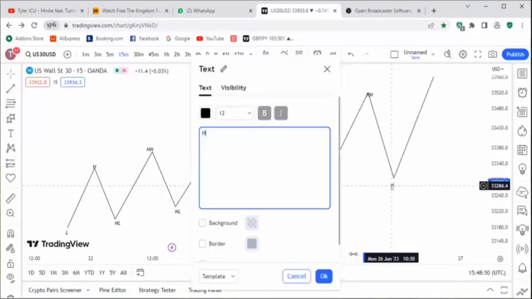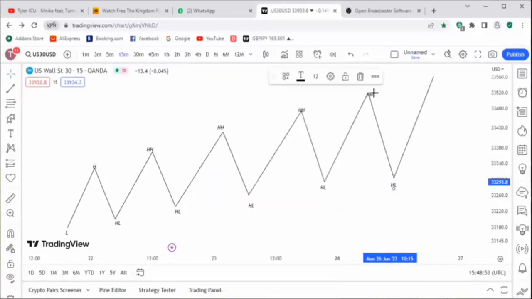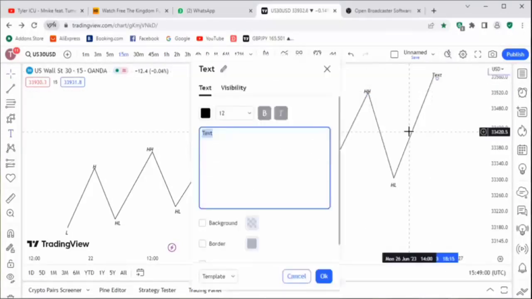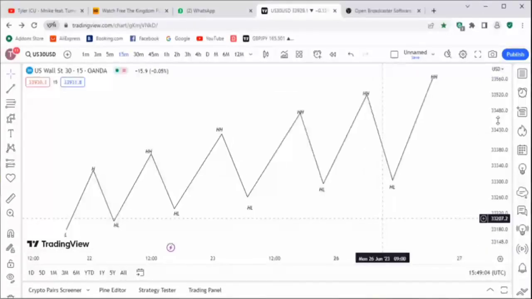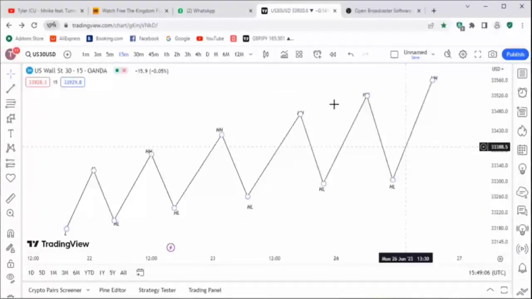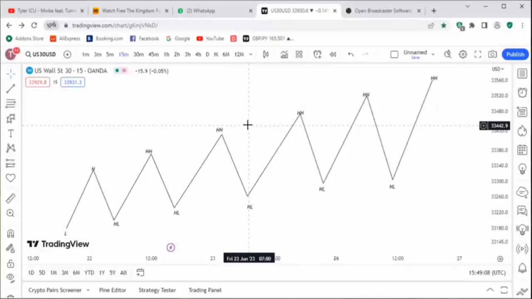Higher low. Higher high. So this is how the market moves in an uptrend. In an uptrend, the market forms higher lows and higher highs.